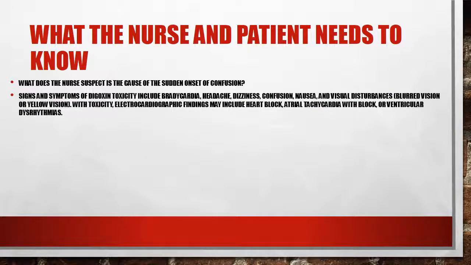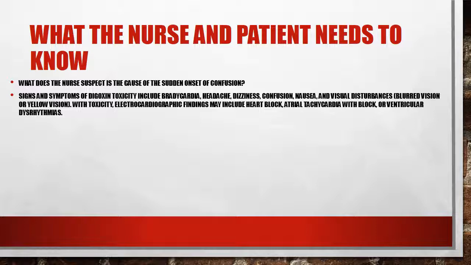All right, so here are some signs and symptoms that we should talk about with digitoxicity. Bradycardia, because it does lower the heart rate, headache, dizziness, confusion, nausea, visual disturbances, which my favorite one is blurred vision and yellow vision, because some dig doses are yellow, so I always love that we talk about yellow vision.